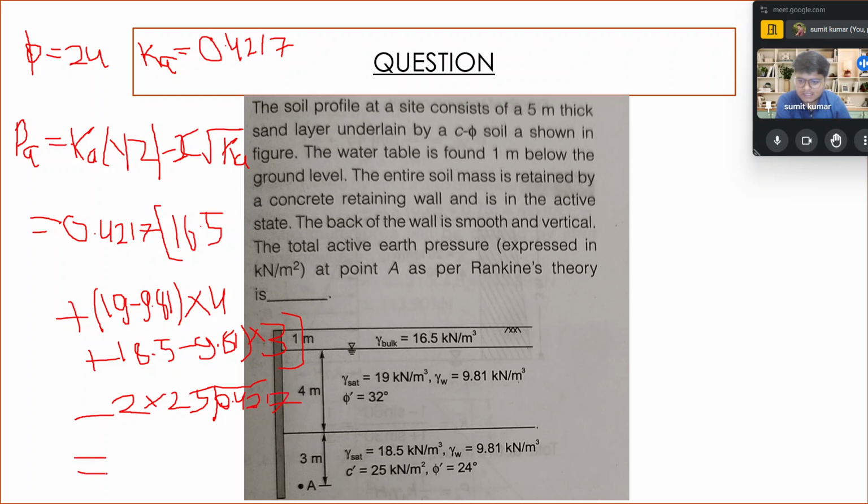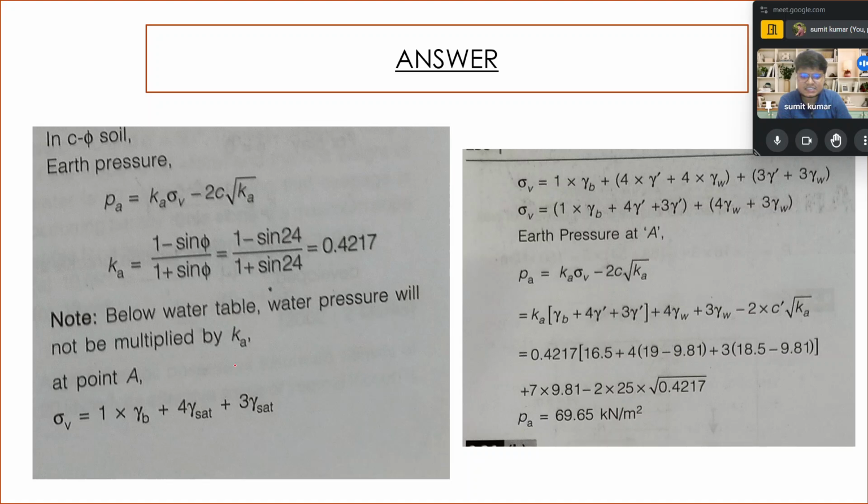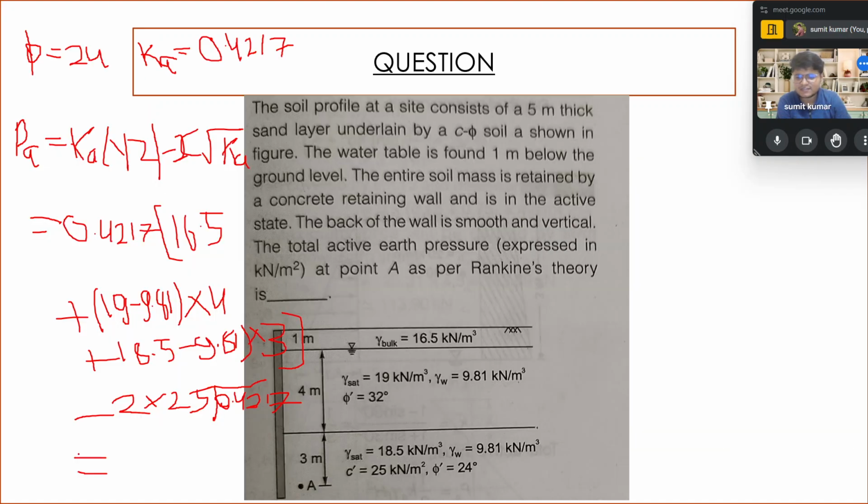So what will be the answer? When you solve this, you will get the answer. The stress at point A is 69.65. Okay, so what we did is we found the value of K for this layer.